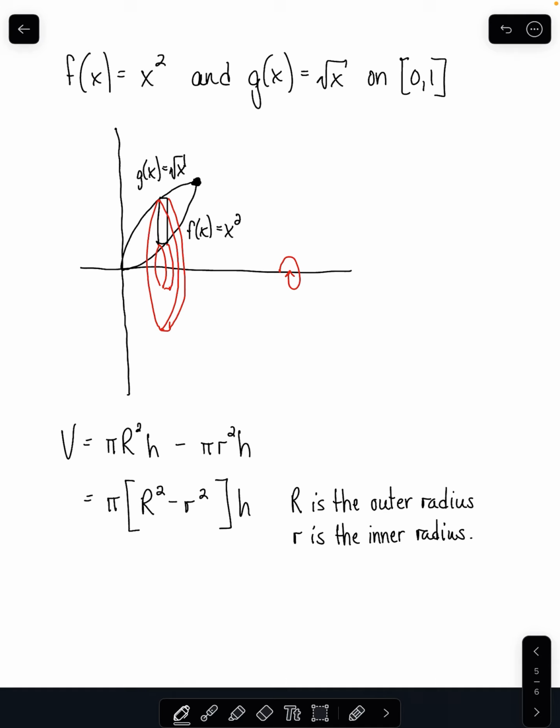Much like the area of a region between two curves, the outer radius is the one that is larger. Now that can change depending on the region and the axis of rotation. So we need to be careful and make sure that we're not using top and bottom functions like we might have in the area between curves. We need to use the phrases outer function and inner function.